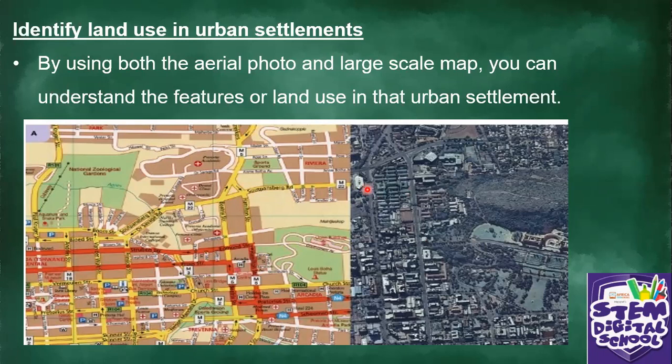So that is how we identify land use in urban settlements, by using what? Both the aerial photo and the large-scale map. They go together so that we are able to understand the features or land use in that urban settlement.